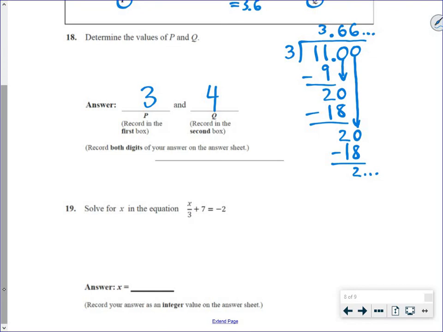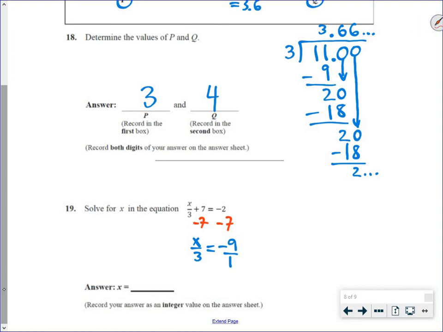Nearly done. Solve for x in this equation. X over 3 plus 7 equals minus 2. So one thing you can do, if you like, is start by multiplying everything by 3. That gets rid of the fraction immediately. Alternatively, you can subtract 7 from both sides. 7 minus itself is 0, so I have x over 3, and then negative 2 subtract 7 is negative 9 over 1, if you like.